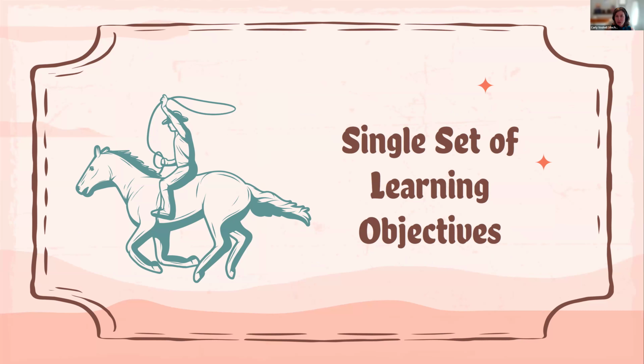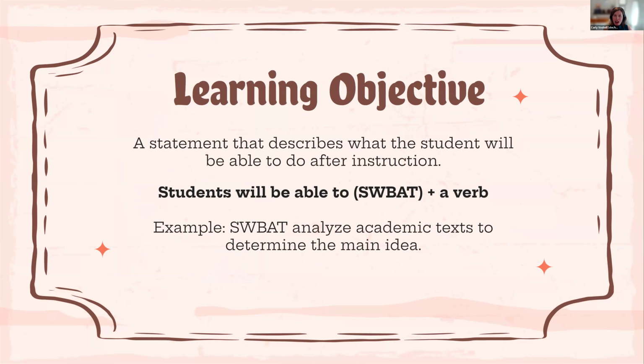So SSLO is an abbreviation, one more that we have in ABE, and it stands for Single Set of Learning Objectives. So I like to take a step back and just remind myself, what is a learning objective?